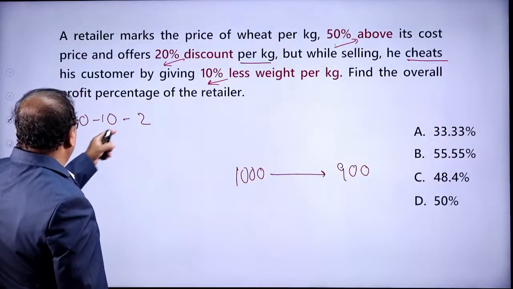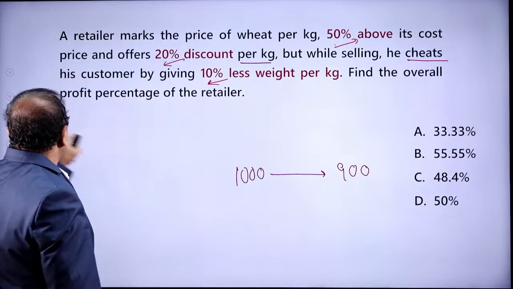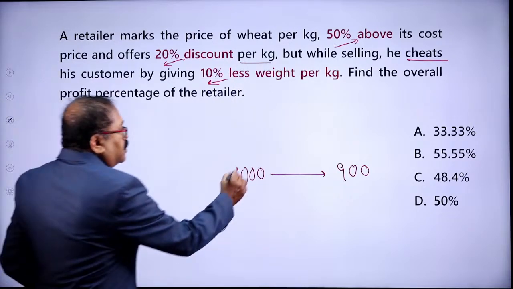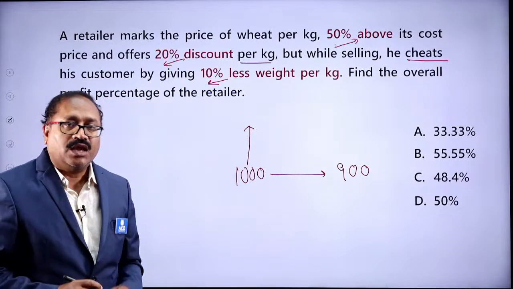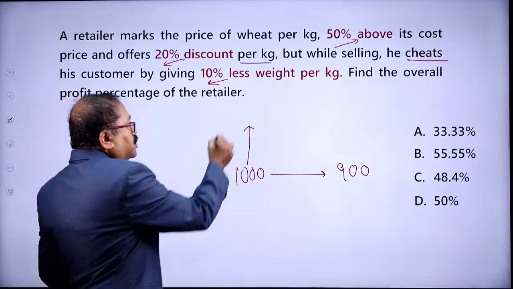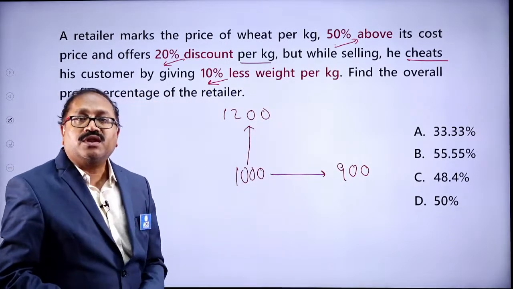I was making a mistake over here, so now I will erase it. So 20% profit is there. Once he is getting a profit of 20% on 1000, add 20% of 1000, that is 200, so that becomes 1200.